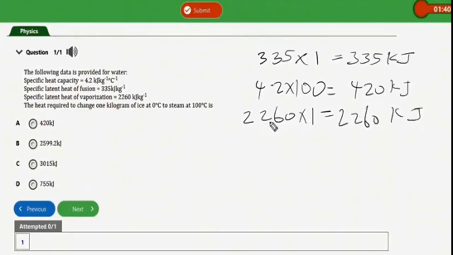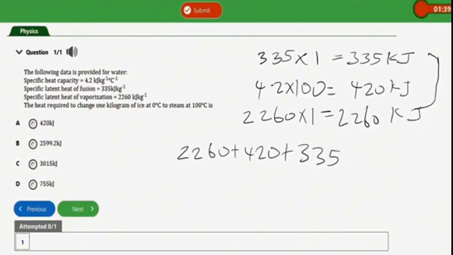Now that we have gotten these three values, the last thing we are going to do will be to total every value we have here. So the total heat required will be, when you add 2260 plus 420 plus 335.